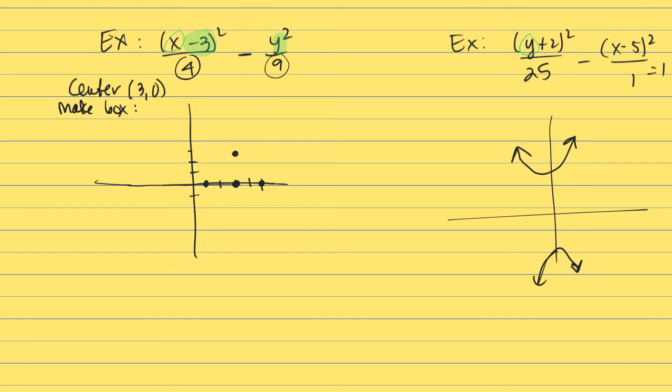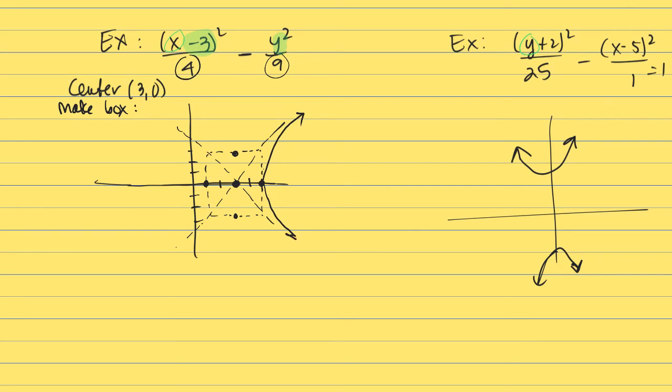So I move up and down 3. Now I'm going to make my little box, do the diagonals here, and then I do my graph.